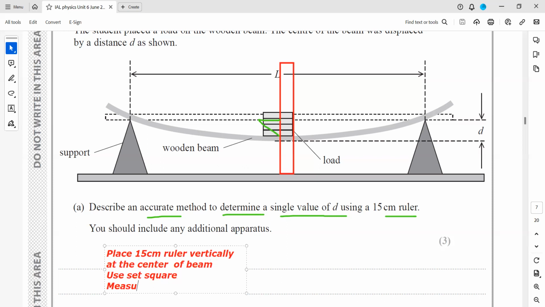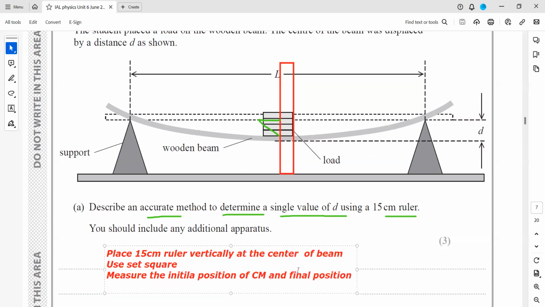Then we'll measure the initial position of the center of mass, and the final position of the center of mass. To work out the value, we just subtract the two values, and that gives us the value for d.